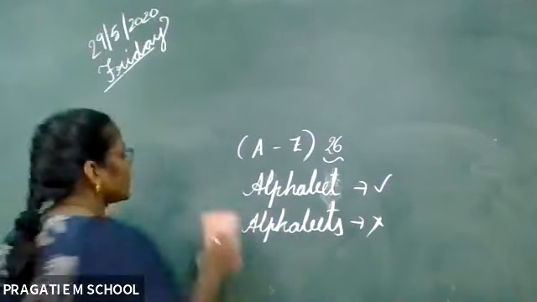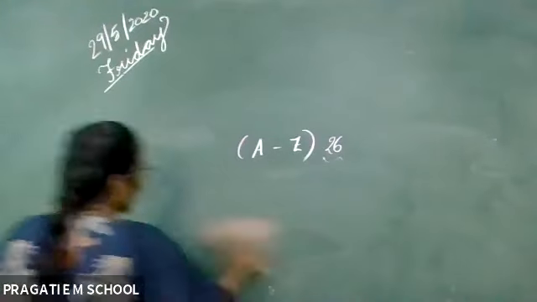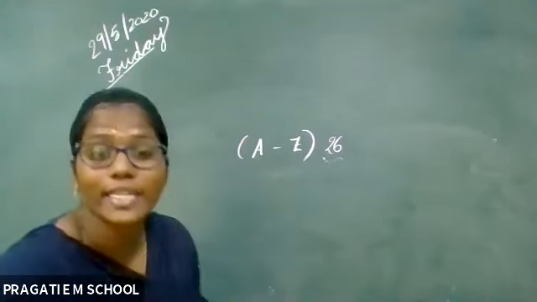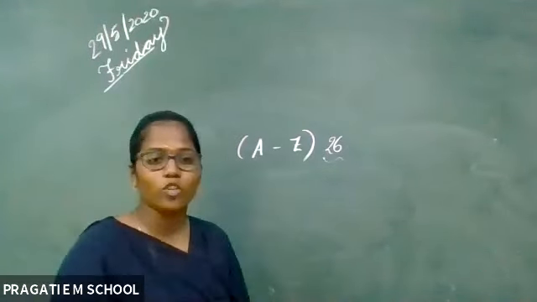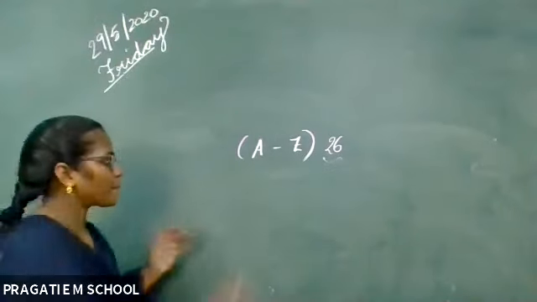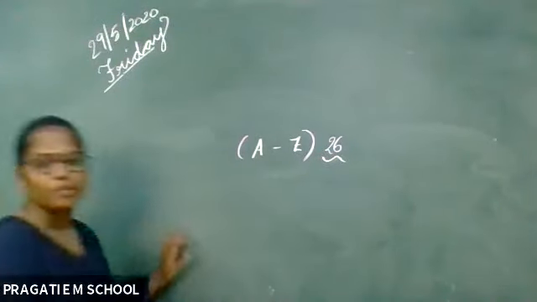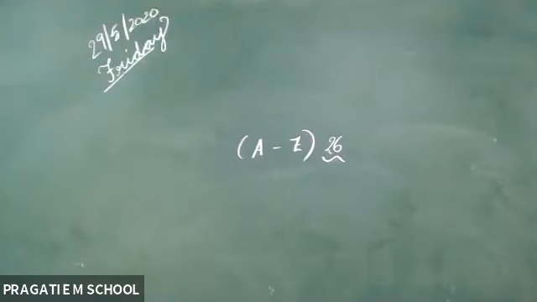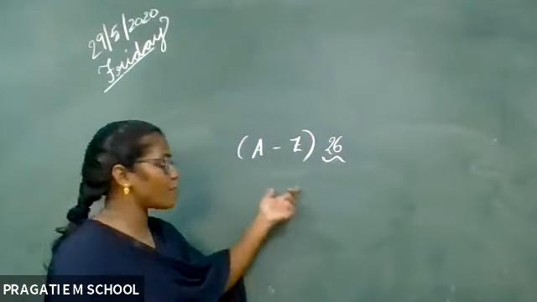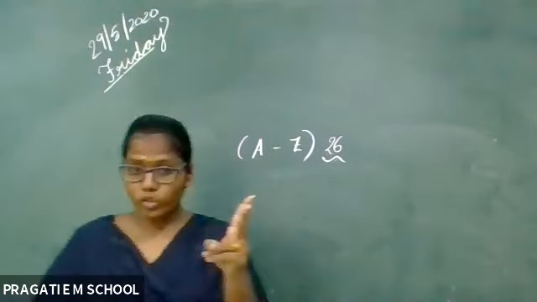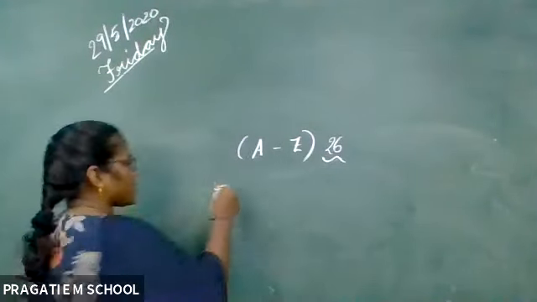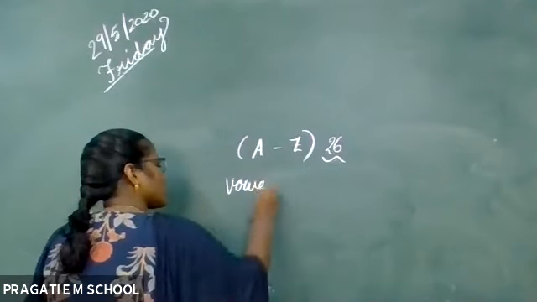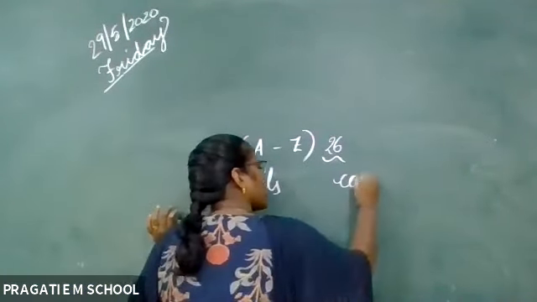So these 26 alphabets are classified into how many types? Yes, these 26 alphabets are classified into two types. There are vowels and consonants.